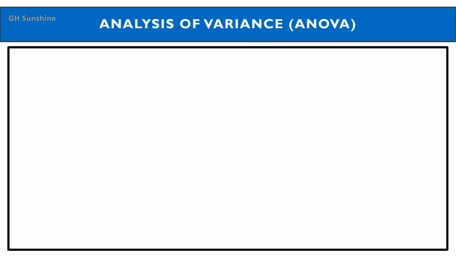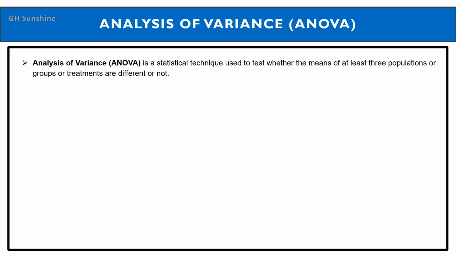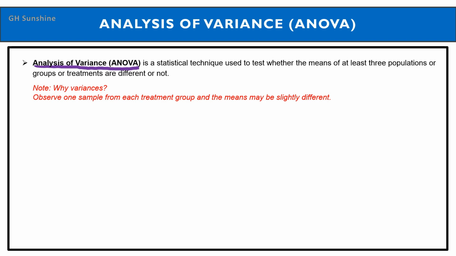Now we proceed to analysis of variance, commonly known as ANOVA. ANOVA is a statistical technique used to test whether the means of at least 3 populations are different or not. So let's say you have 1 population or 2 populations, we will use Z-test or t-test. Otherwise, we will use variance. Why? Because of the observation based on one sample from each treatment group, and the means may be slightly different.